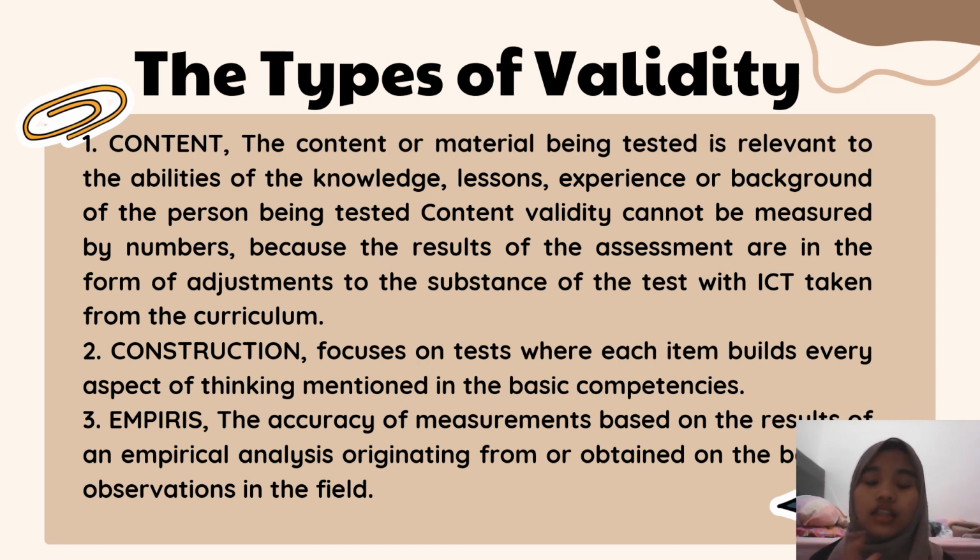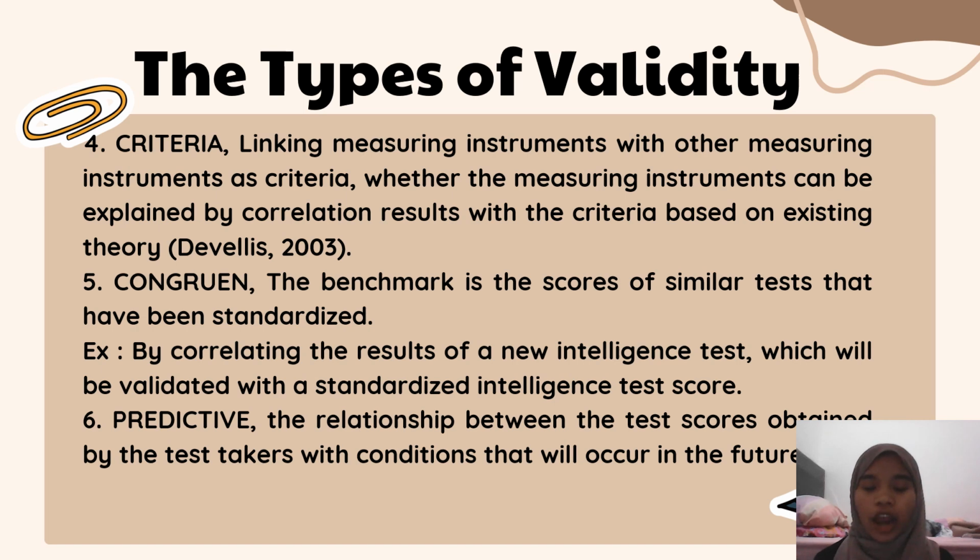The fourth is criteria validity. Criteria here we take from Felis 2003, linking a measuring instrument with other measuring instruments as criteria, whether the instrument can be explained by correlation results with the criteria based on existing theory.